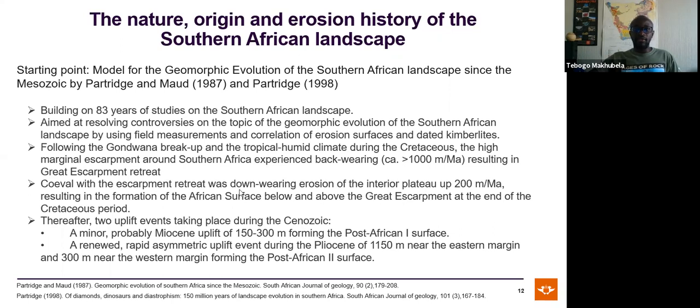And coeval with that was the downwearing erosion of the interior plateau of about 200 meters per million years.